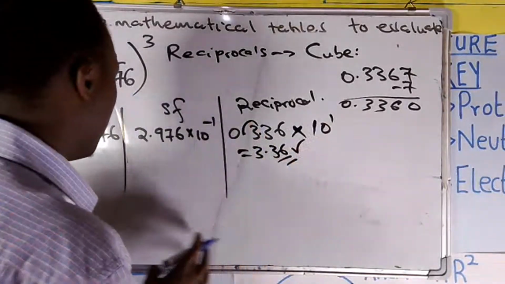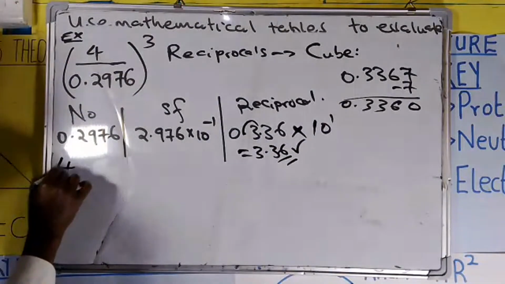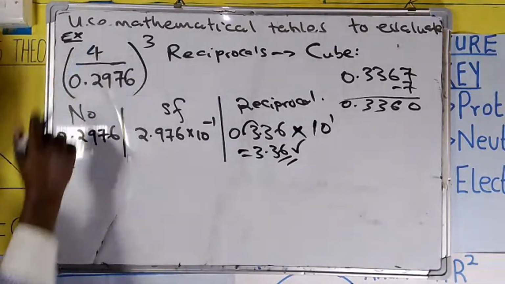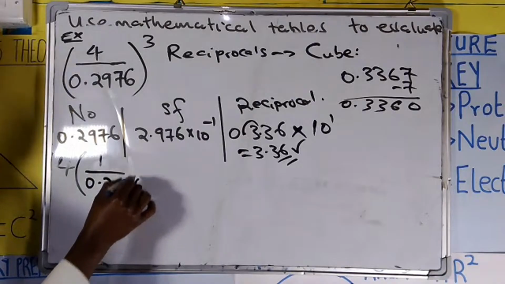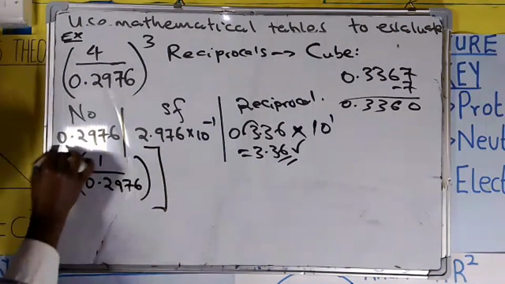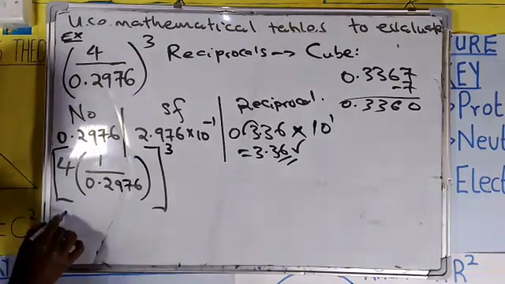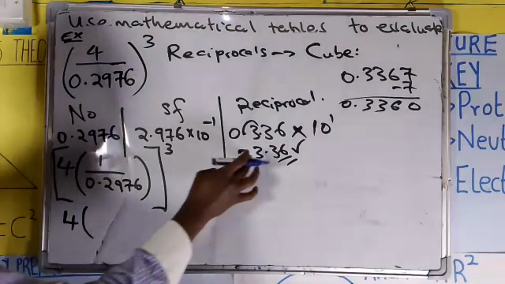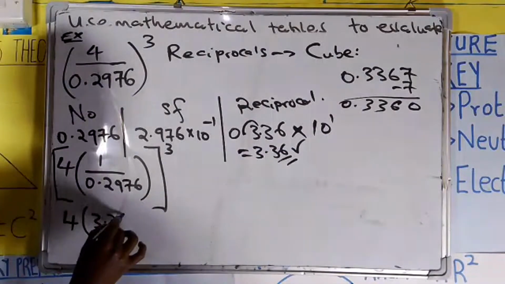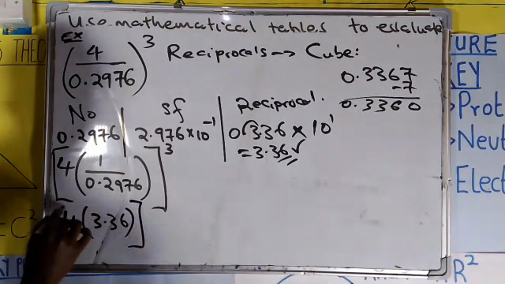Remember, we were supposed to multiply 4 by the reciprocal of 0.2976, which is 3.36. After we get that, we cube.